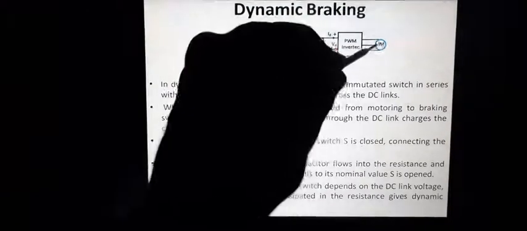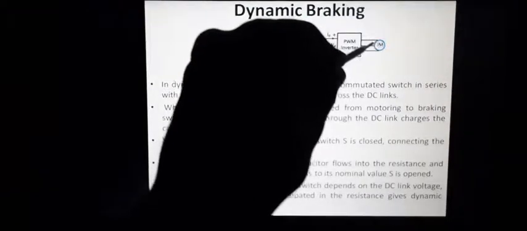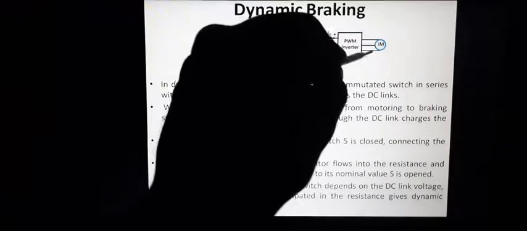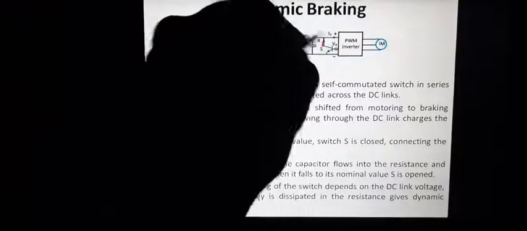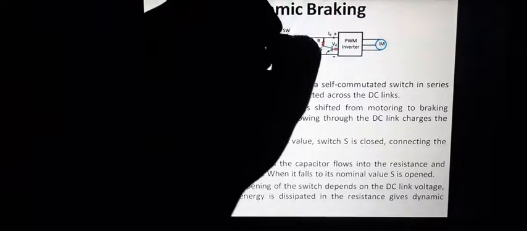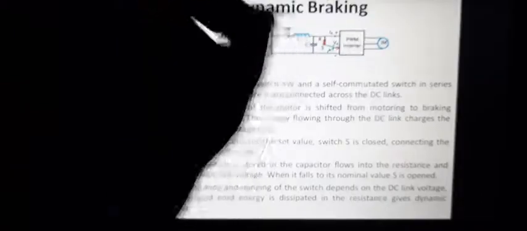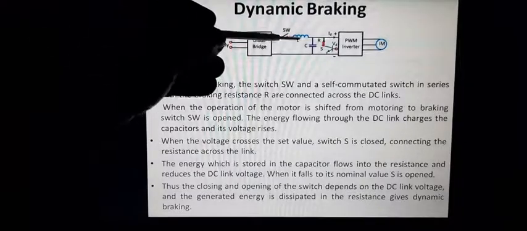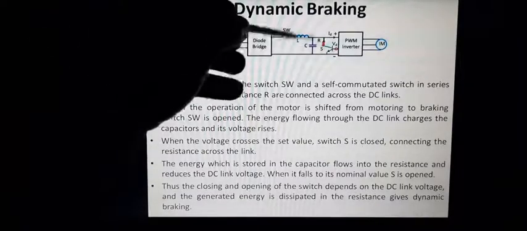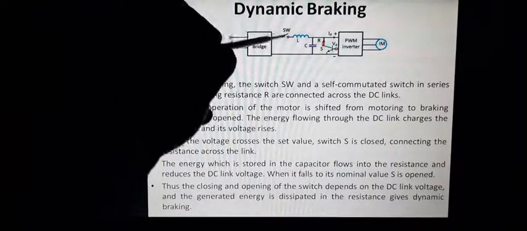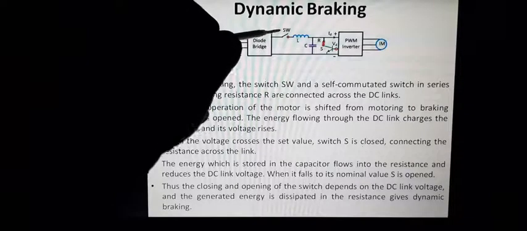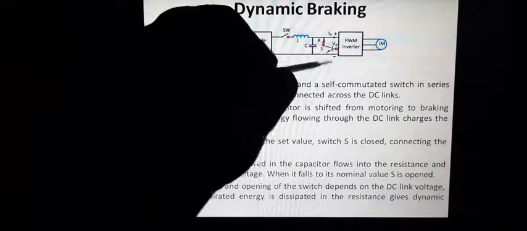The power fed back from the induction motor, because at the time of braking the induction motor acts as a generator, will be stored in this capacitor. So the capacitor voltage will keep on increasing. Initially, not only is this switch open, this switch also remains open.